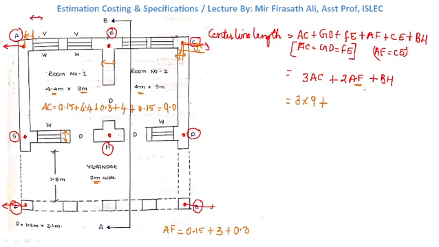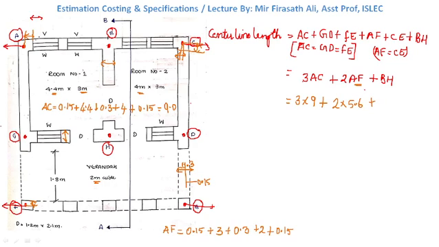Again, the veranda is 2 meters wide. After that, again center to center, we have 0.15, again half the thickness. Suppose the total is 0.3, half of this is 0.15. So when we add all this, the value of AF we get is 5.6. So 2 into 5.6 meters plus BH.